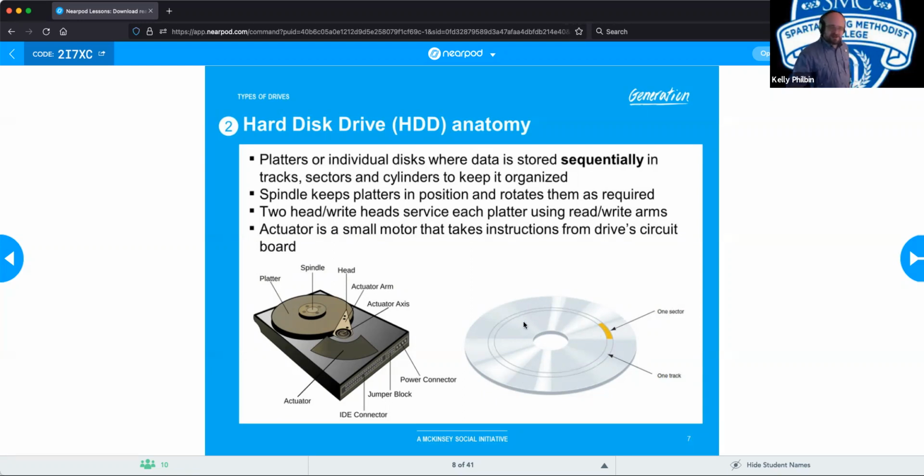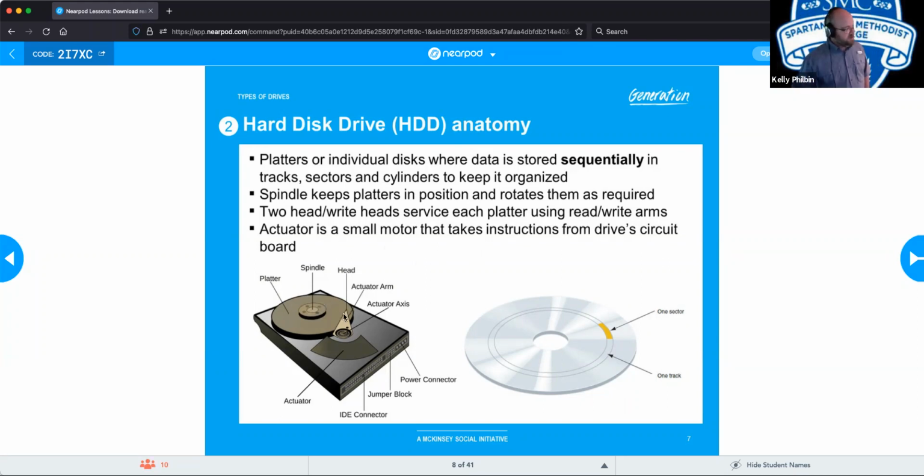If anybody was or is a vinyl collector, data operates in tracks. And then the tracks themselves are broken up into smaller chunks, which are called sectors. Now, the platter itself spins on the spindle, which is the center point of the platter. You can have multi-layered platters operating together.